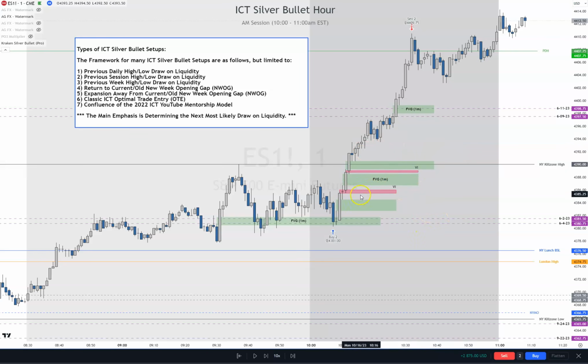But on the runners that do run, you're going to catch more of the move. So that's why I started doing the trailing stop better. It doesn't work out all the time. It's a learning process, but that is your silver bullet for the AM session on Monday, October 16th.